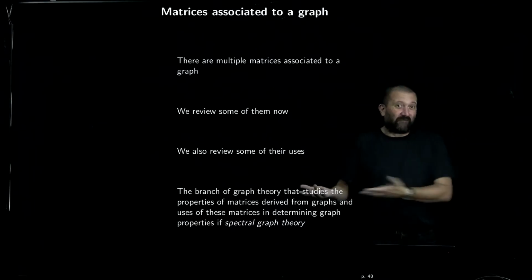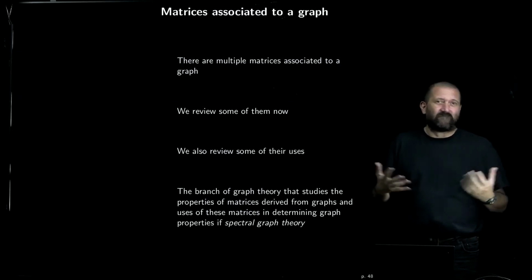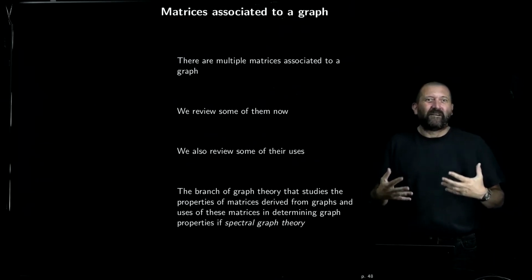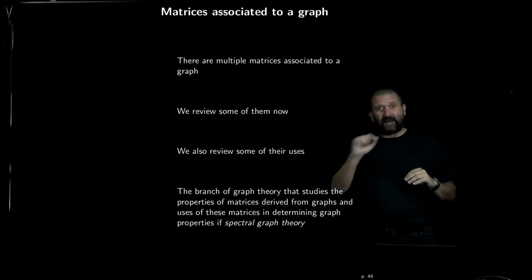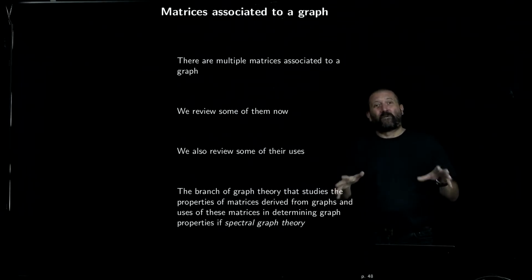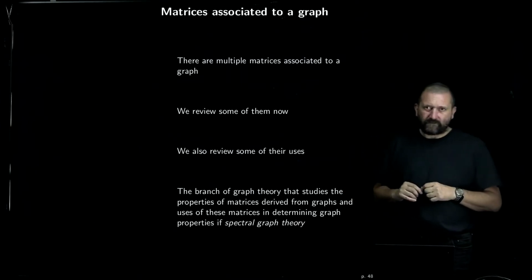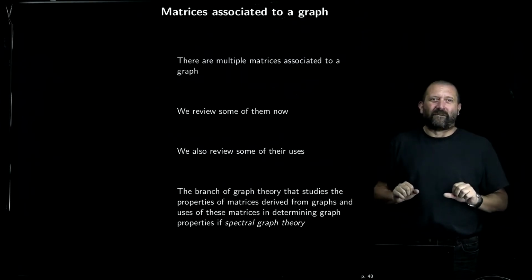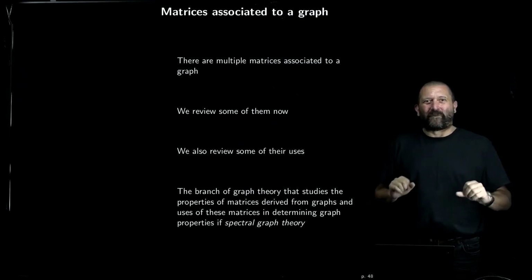But we have seen in the first part of this course that it's also easy to obtain some interesting properties from matrices, and so you can take the way back and try to obtain graph properties from the knowledge of the matrices. Okay. So as I said, we are just going to take a brief look into this, but it's an interesting topic.